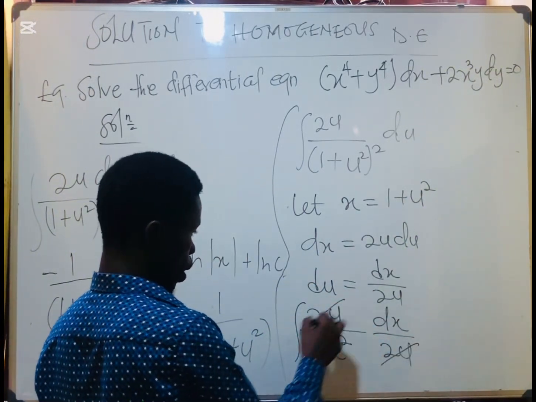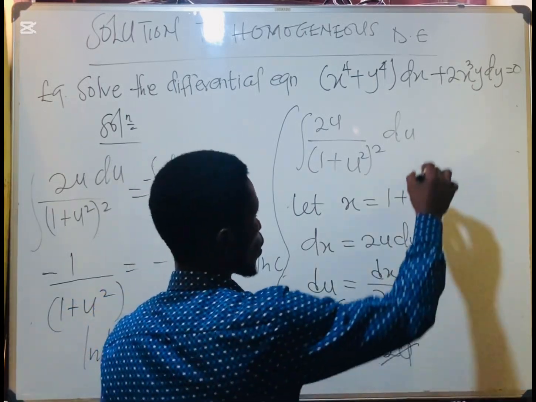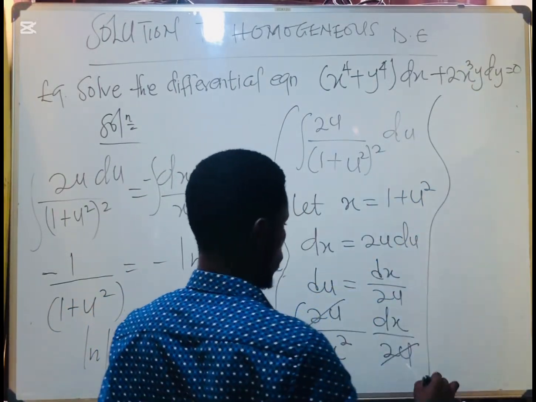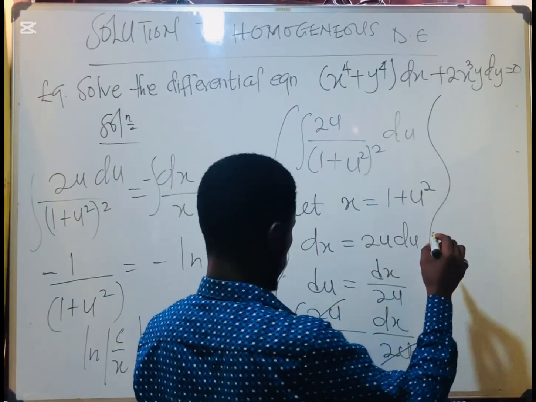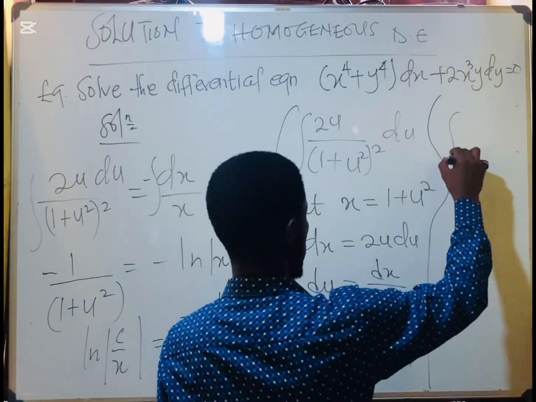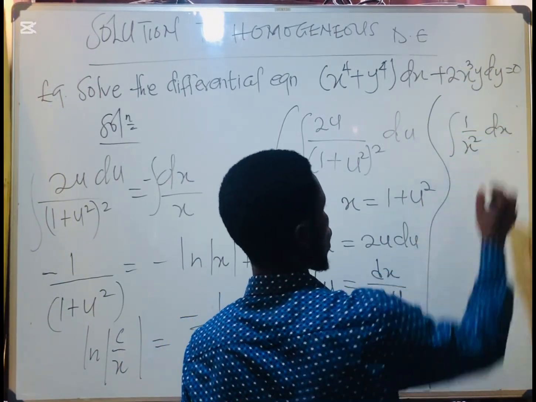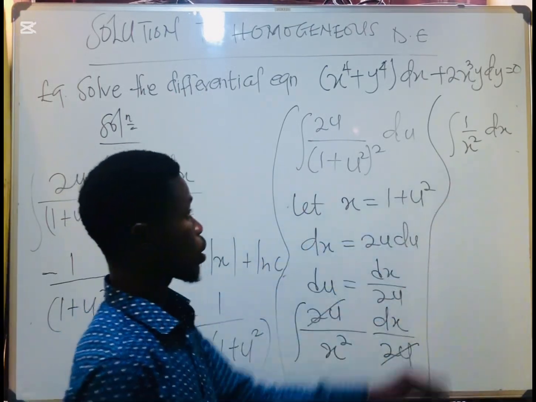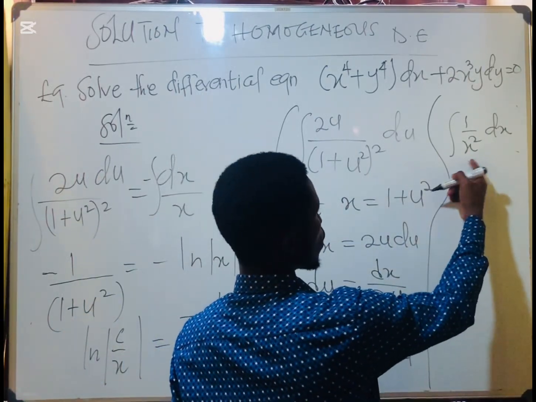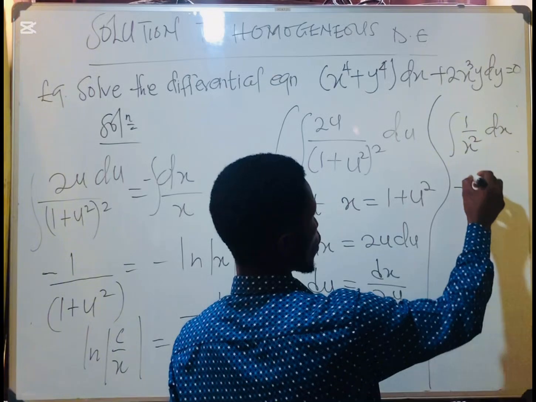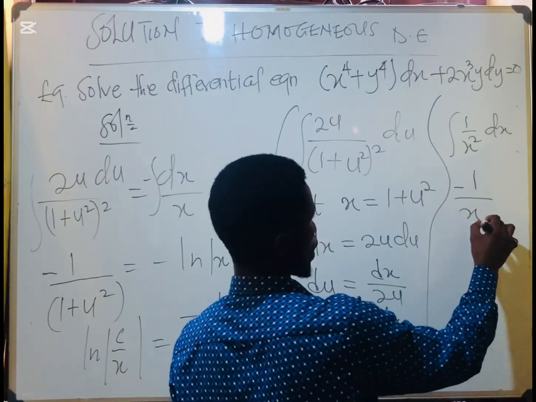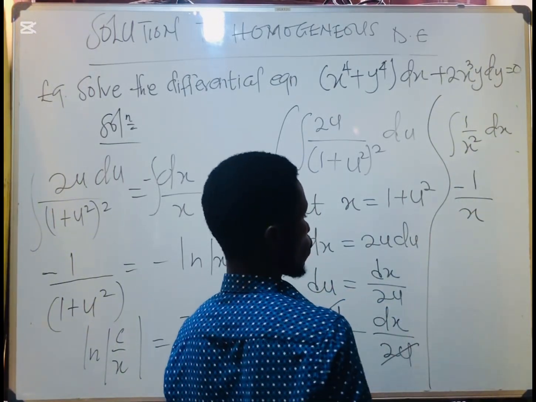So then this one will cancel this one. So what do we have here? We have the integral of 1 over x squared dx. So that's what I was talking about. So looking at this one, if I integrate this, I'll have negative 1 over x. Negative 1 over x.